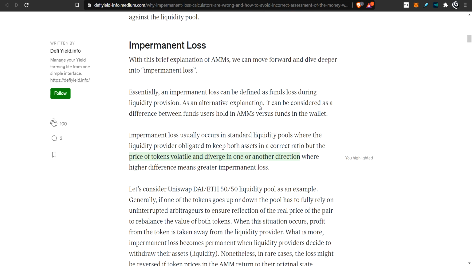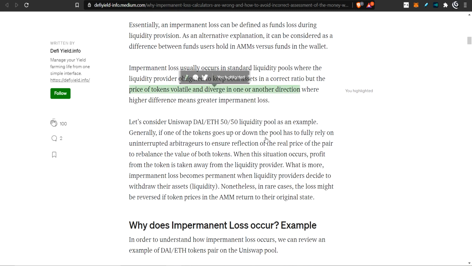And then down here it talks a little bit about impermanent loss. It has some definitions in here and gives you a general idea. And there's one sentence in here that I've highlighted that I think is important to read. It says, prices of tokens volatile and diverge in one or another direction. So basically, impermanent loss usually occurs when one token's price moves away from the other token.